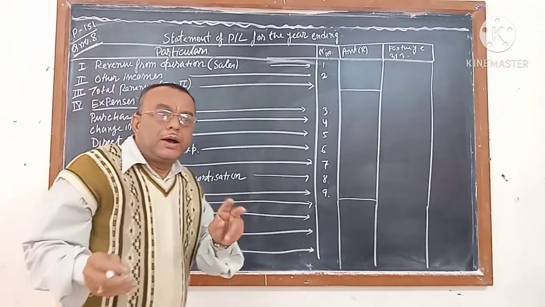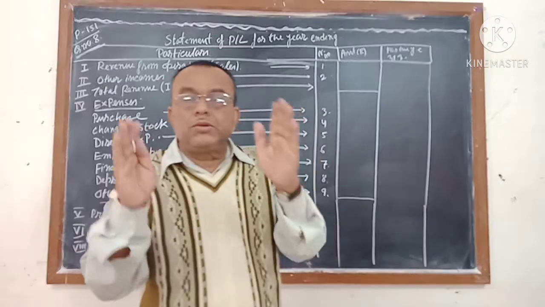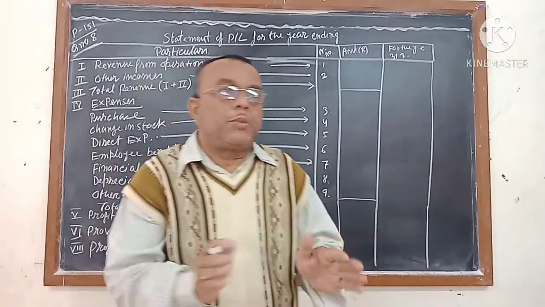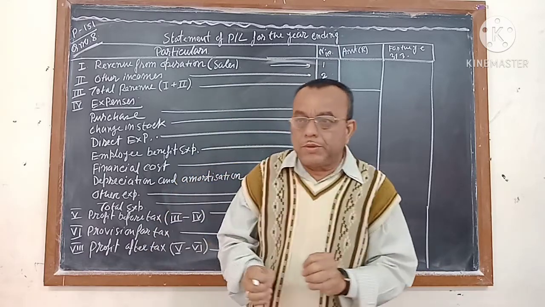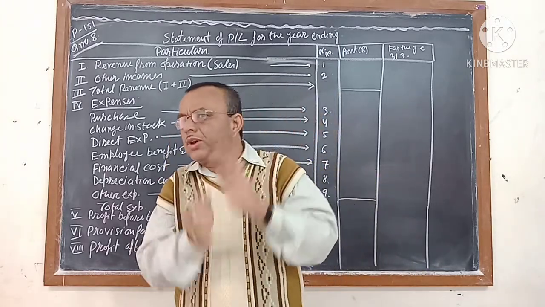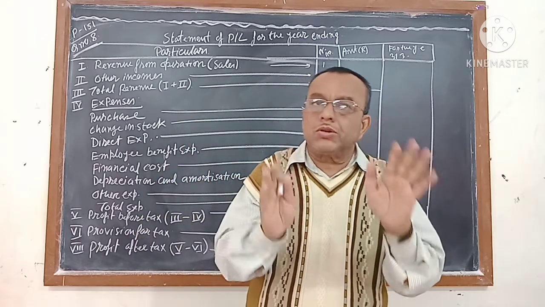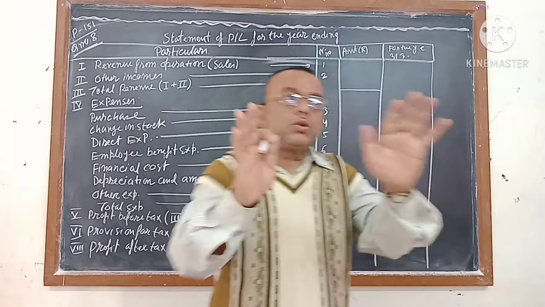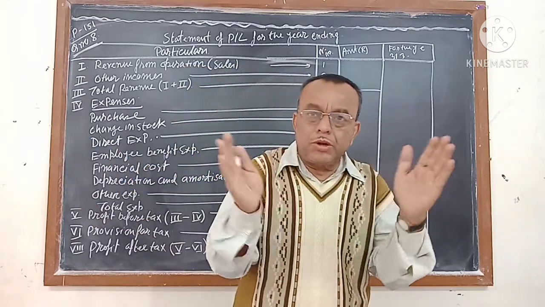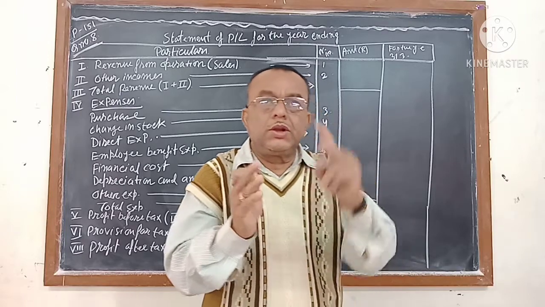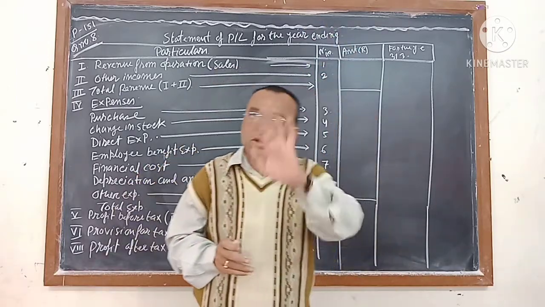And these 9 are classified into two parts. Profit and loss statement means, whenever you have done any profit and loss account, keep in mind the trading account credit side and the profit and loss account credit side. These two are the total income. If you merge the trading account and profit and loss account together, you will get two incomes: one is the trading account credit side and another is the profit and loss account credit side.